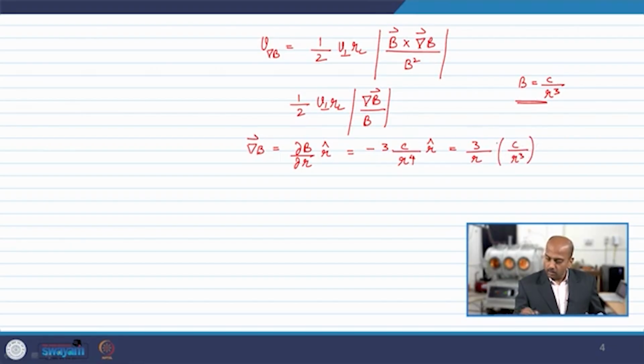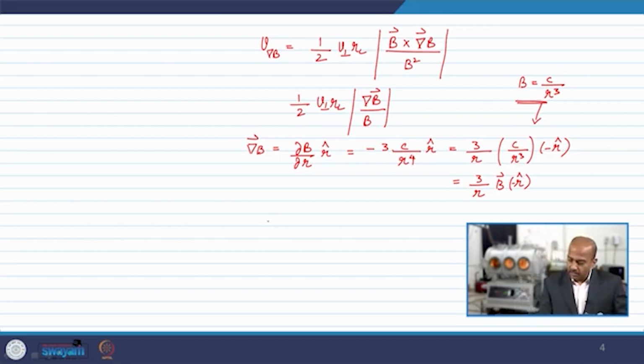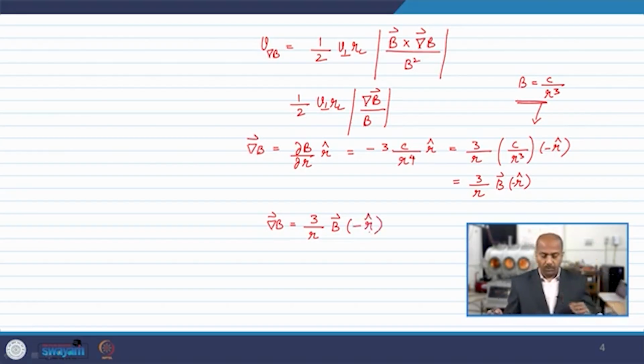Since there is a minus, let us say I write it as minus R cap. So 3 by r remains a factor that is outside, and c by r cube from here is b itself, is b along minus r cap. So the gradient of b, del b, is 3 by r times the magnetic field, which is acting along minus r cap.